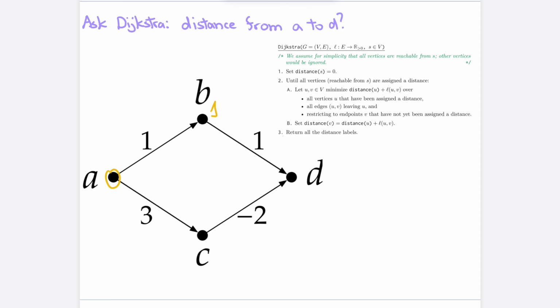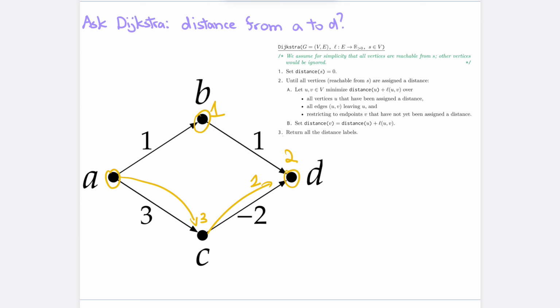The closest vertex will be B. It'll say, oh, that's distance 1. Then it'll ask, what's the next closest one? That's D, distance 2. And it'll conclude that D is at distance 2 before it realizes that C is 3, and then you can go this way to get 1. So that's a simple example that Dijkstra will get wrong, because it assumes you're done before you've actually exhausted everything.